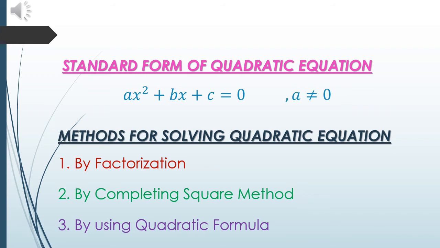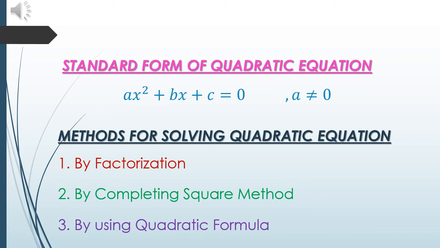When a is equal to 0 in this equation, look at the first term, ax square. 0 multiplied by x square will be 0, so there will be no existence of x square. The only remaining terms are bx plus c, in which the power on the variable x is 1, and it is called a linear equation.